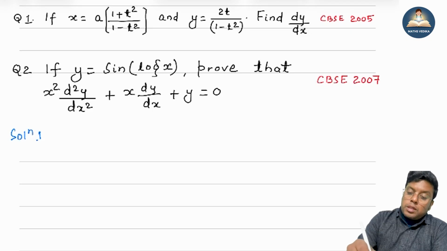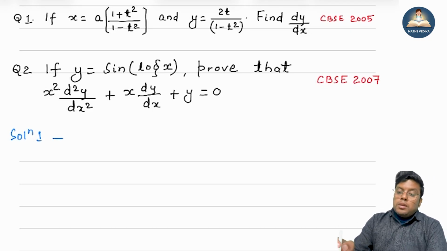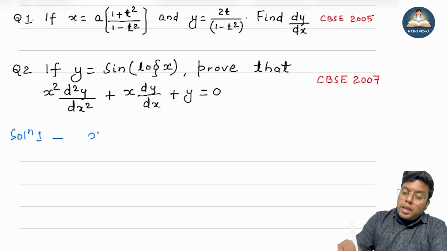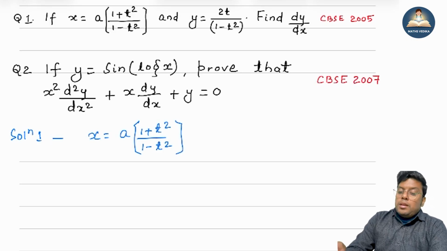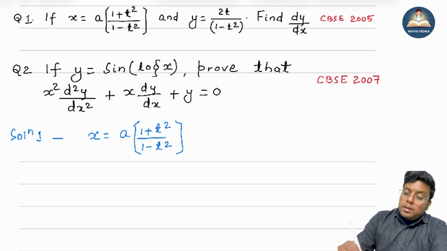Solution of question 1. So here x is equal to a into (1 plus t square) by (1 minus t square). Let's take t is equal to tan theta.